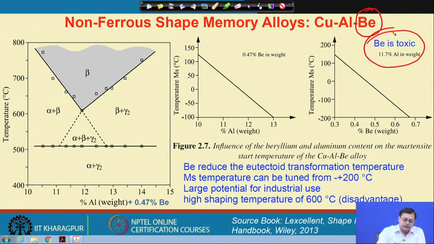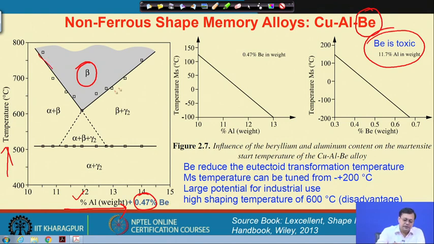And here this is also again a beta phase, which could be transformed into a complex type of martensite structure, and the phase diagram is shown here in terms of aluminum percentage and specifically for 0.7% beryllium.